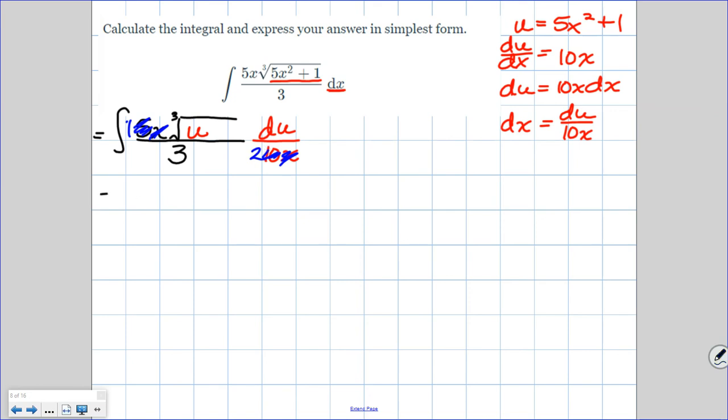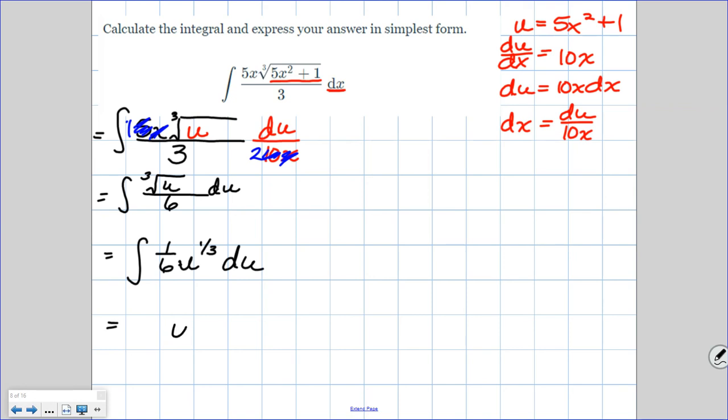So now I have the integral of the cubed root of u over the 3 times the 2 is 6, du's on the top. And then I want to make sure I write this so that I can use the power rule. So I'll write it as u to the 1/3 because that's the same as the cubed root, and then over 6 is the same as 1/6 du. All right, now it's time to apply that power rule.